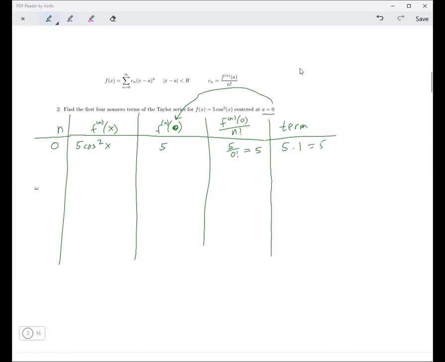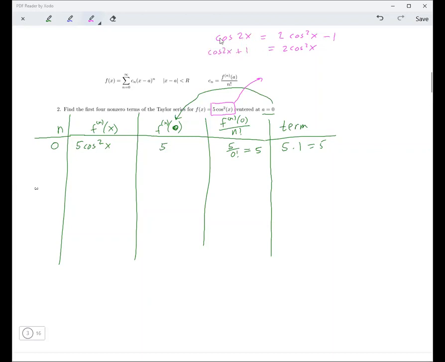Now, it's easier if you take this function here. Let's concentrate on that for a minute. There's a double angle formula: cosine 2x is equal to 2 cosine squared x minus 1. So that means that 2 cosine squared x is equal to cosine 2x plus 1.